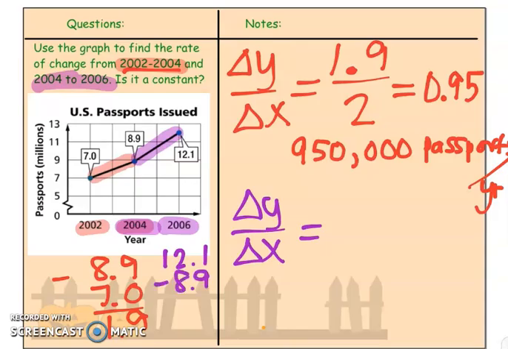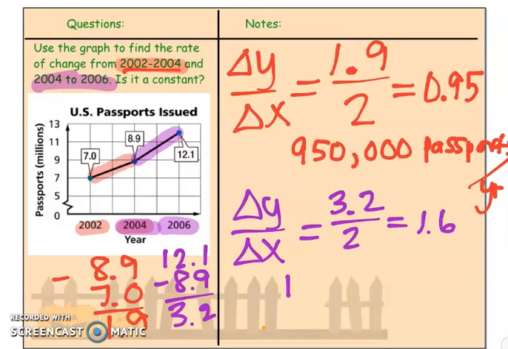So if I subtract this one, I get 3.2. And it's still a 2-year interval. So this one is 1.6 million. So that's 1,600,000 passports per year.